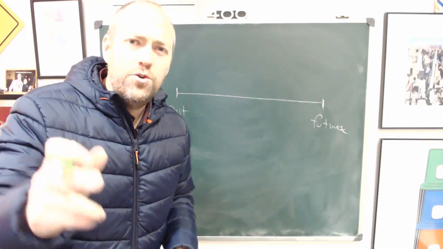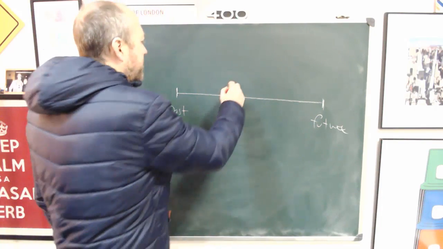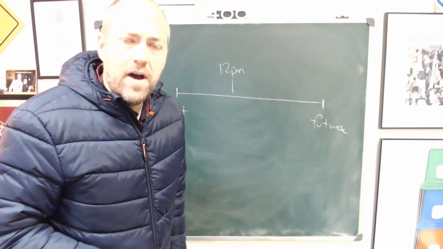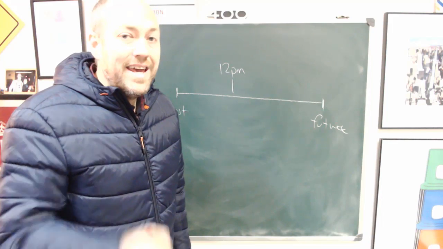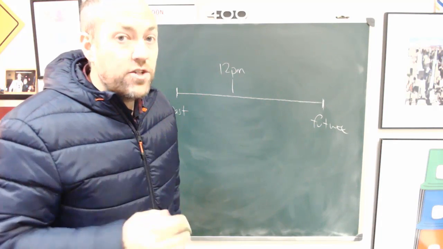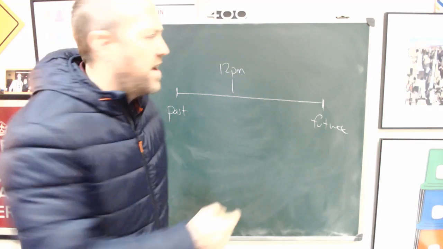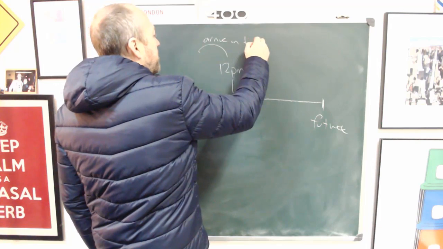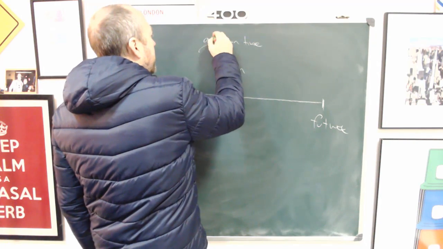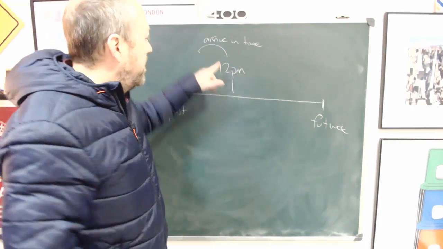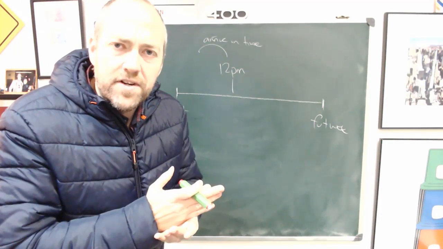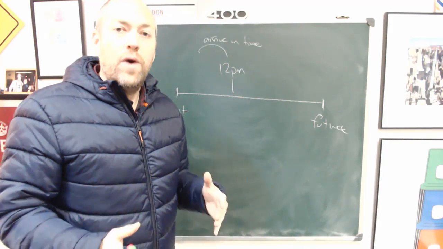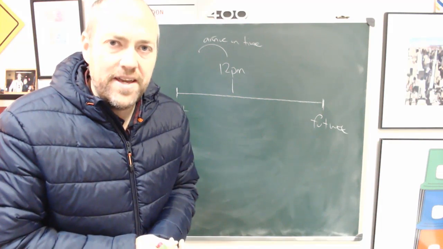I will meet you at 12 o'clock, 12 p.m. If you arrive at 12 p.m., you arrive on time. Here you are, arriving at 12 o'clock, and we planned to meet at 12 o'clock. You are on time.